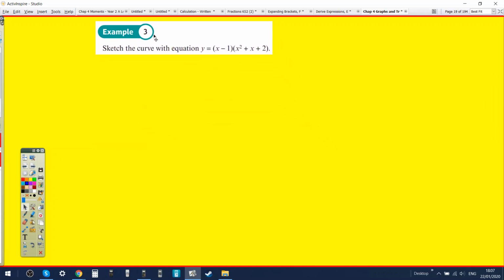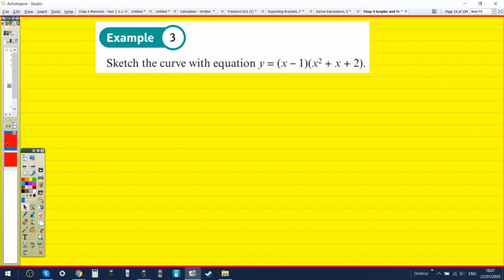So how would you do this one? I think you need to factorize the second part. So, kind of confused. What were the solutions for the second part? Stuff with imaginary numbers.